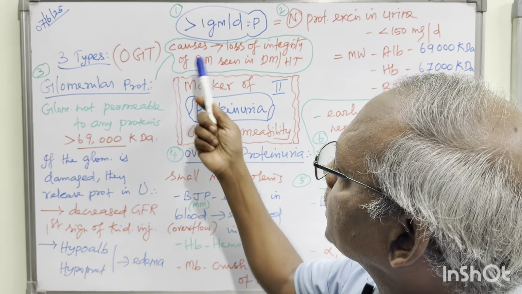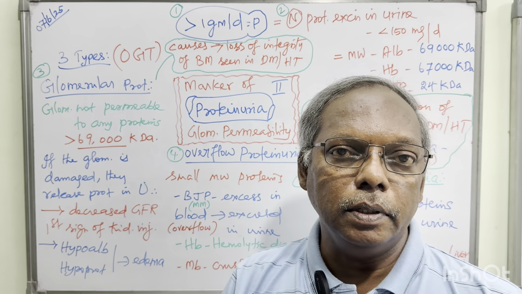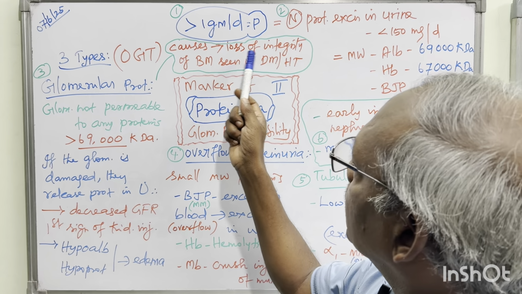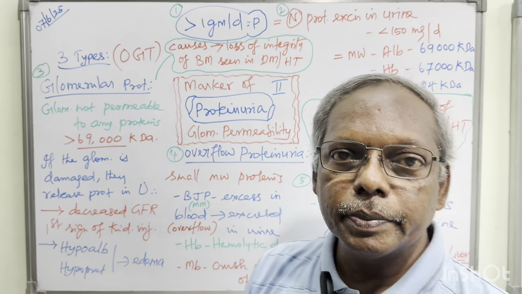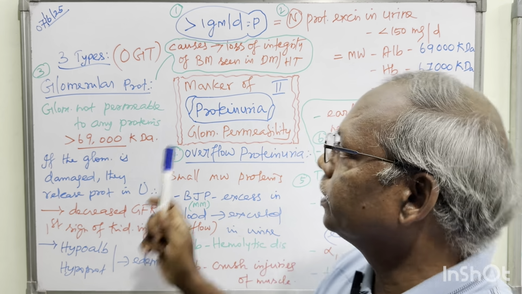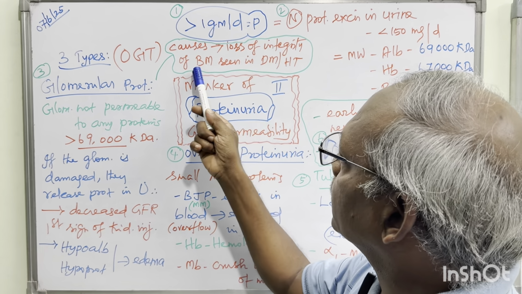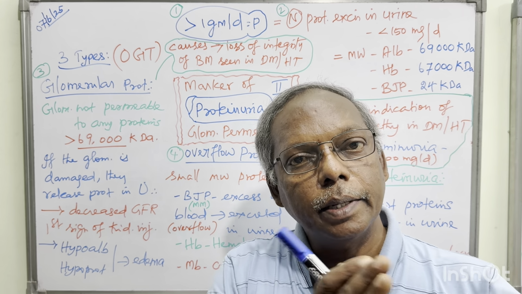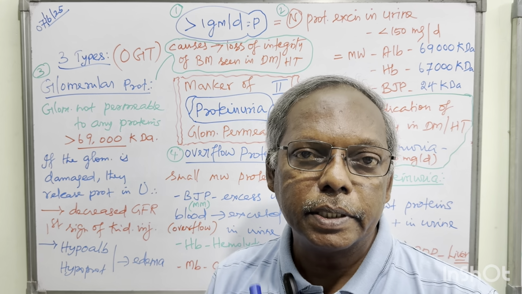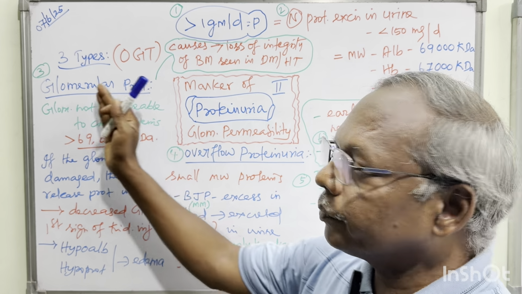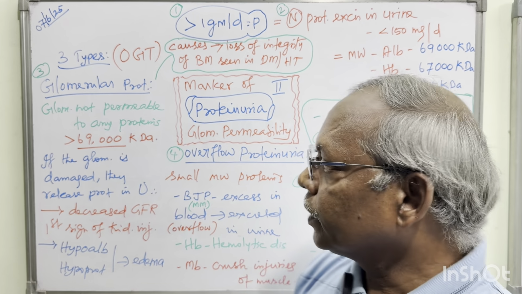The cause for this glomerular proteinuria is the loss of integrity of the basement membrane. The basic pathology is in the basement membrane only. The loss of integrity of the basement membrane is seen in both diabetic as well as hypertensive patients. Right? They only go for glomerular proteinuria.